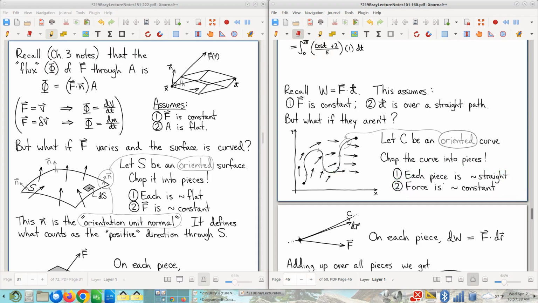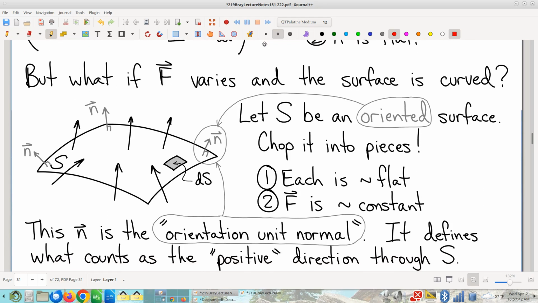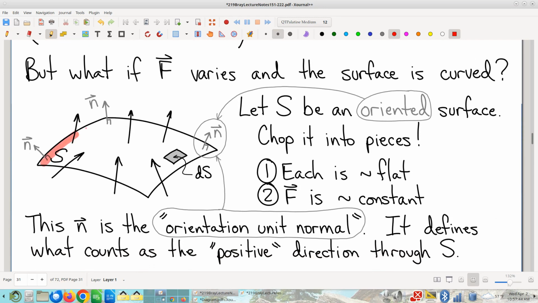And we're going to do the exact same thing over here now. We're going to say, look, I'm going to take my non-flat surface, and I'm going to take my non-constant vector field, and I'm going to chop it up into a bunch of little pieces. On each little piece, it's a teeny tiny itty bitty little piece. It's approximately flat.